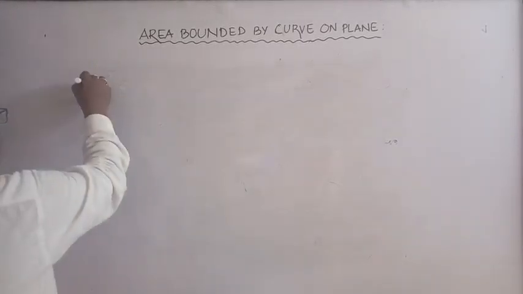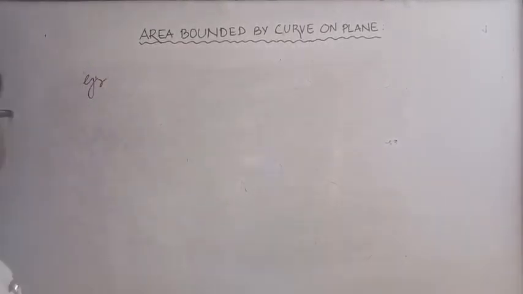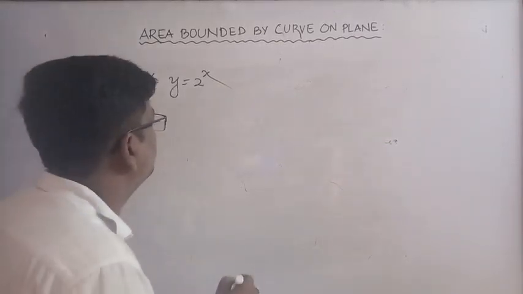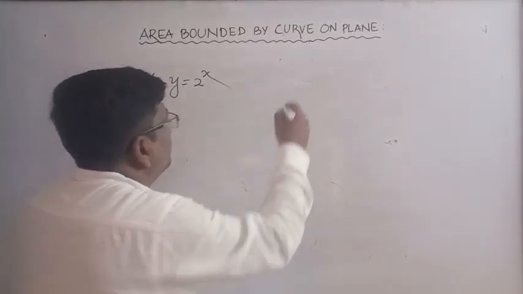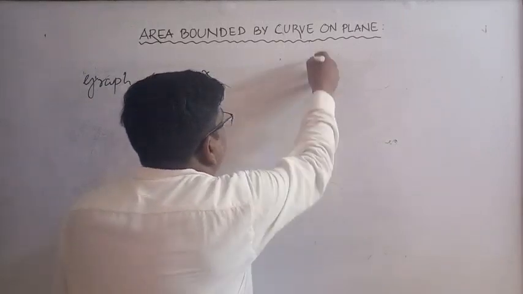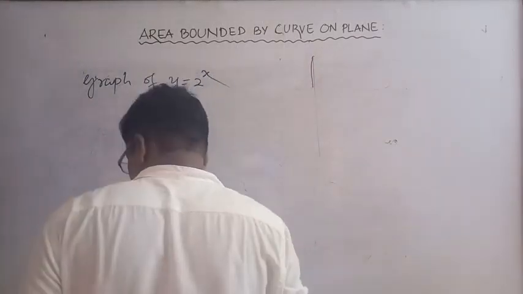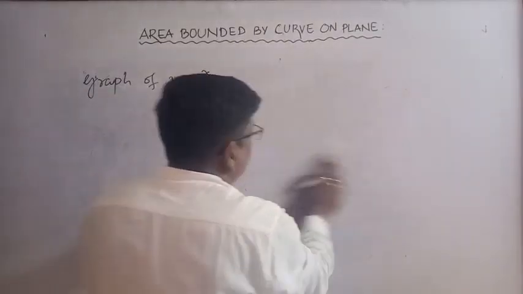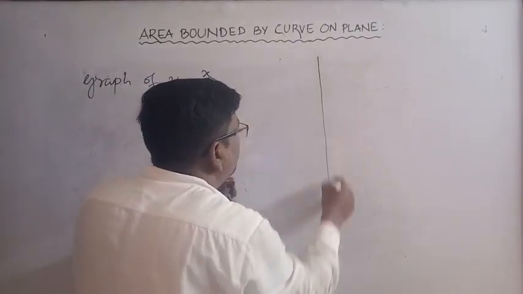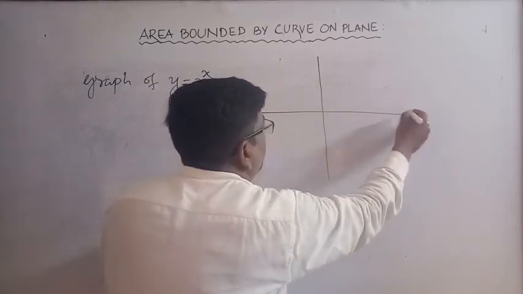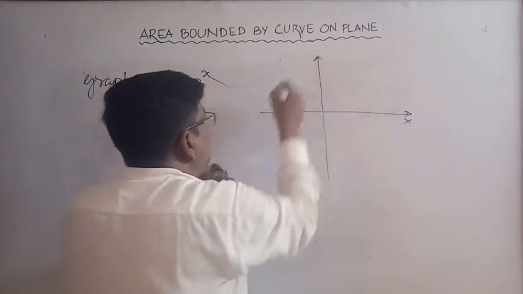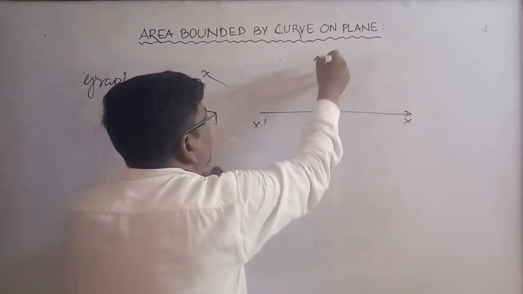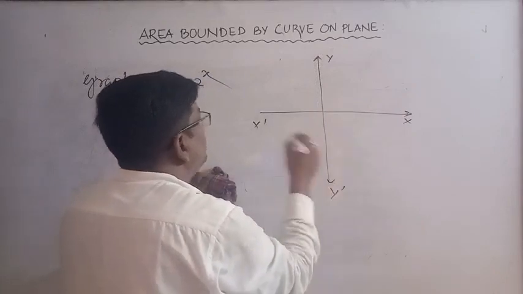Graph of y is equal to 2 to the power x. This is an exponential function, and its graph is, this is the x-axis, y-axis, x dash, y dash.